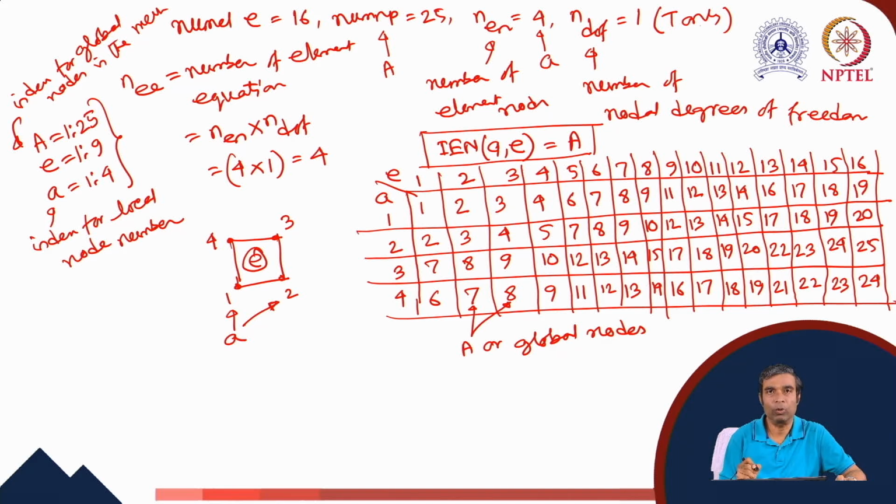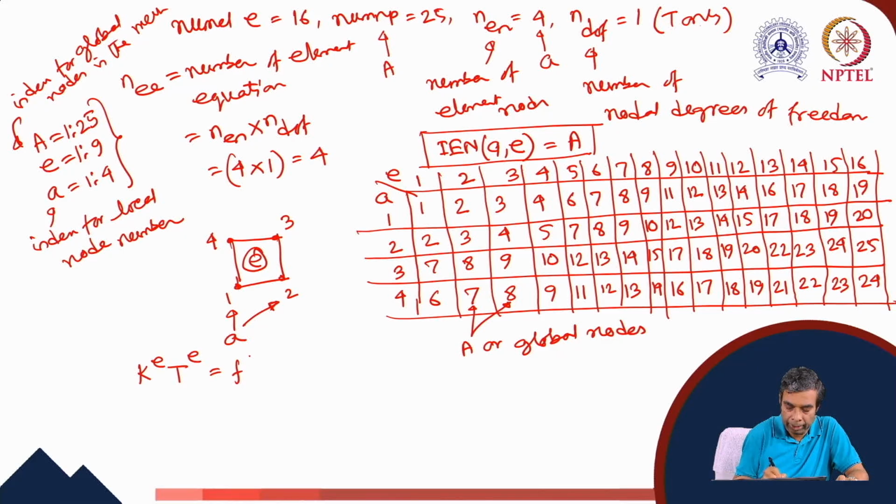Next, we have to construct the ID array, or the identification array. For this case, our element level equation will be Ke Te equals Fe. This element level matrix equation we get from the weak form.